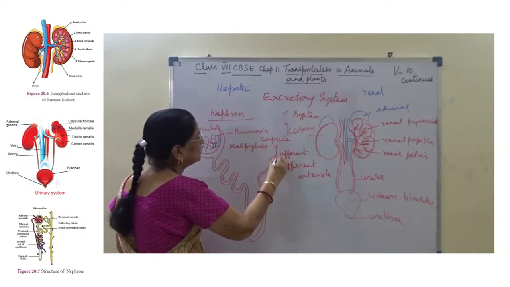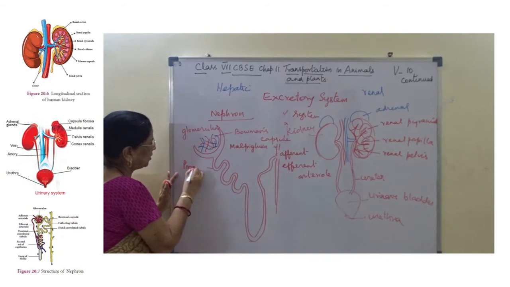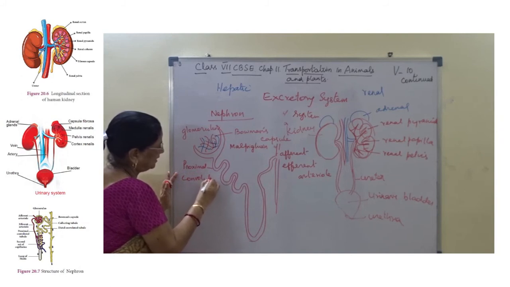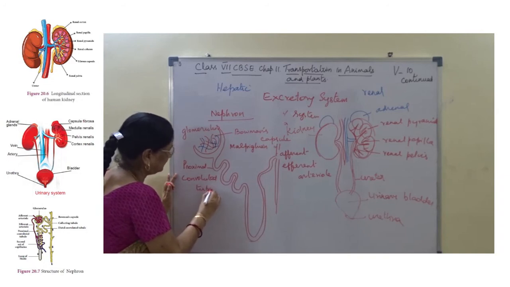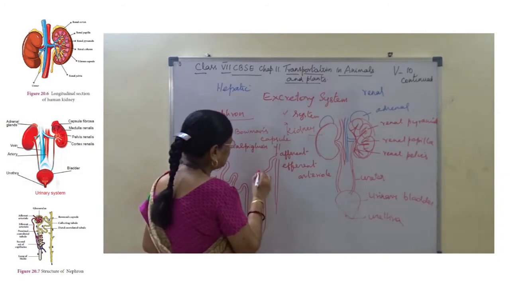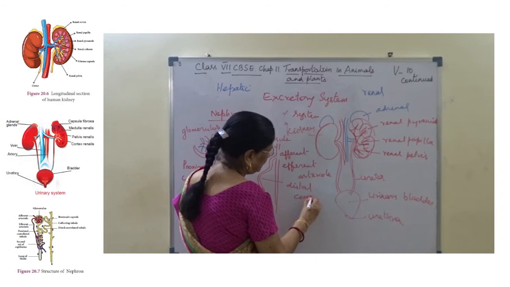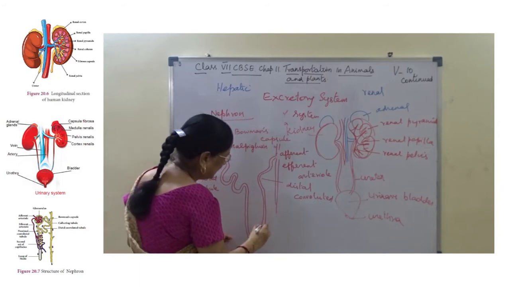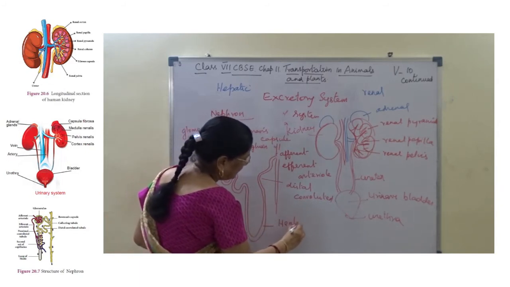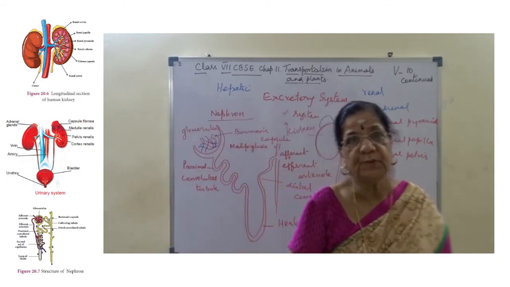So this is called proximal convoluted tubule, and this is distal convoluted tubule. Okay, and then this U-shaped structure without convolution is called Henle's loop.